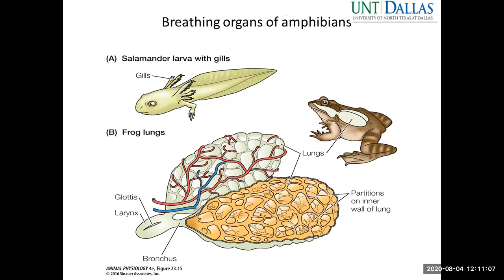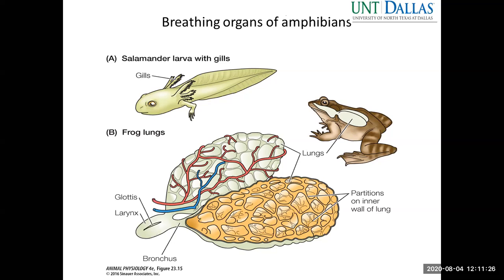The lungs of many adult amphibians are simple, well-vascularized sacs. Their internal surface area is increased little, if at all, by folding, and in this respect they are less well developed than the lungs of lungfish. The inner walls of the lungs of frogs and toads are often more elaborate.